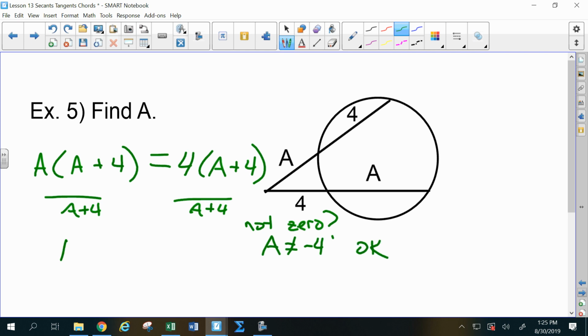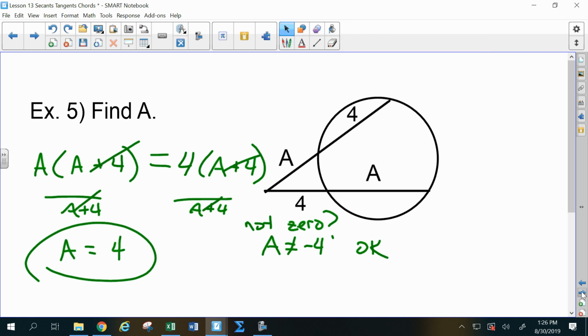So we could do that and just say a equals 4. If we can't do that, distribute, solve the quadratic. And you'll have some that go both ways as you do these kinds of problems. Question? You've got a puzzled look on your face. No, that's because I divided this and got 4.